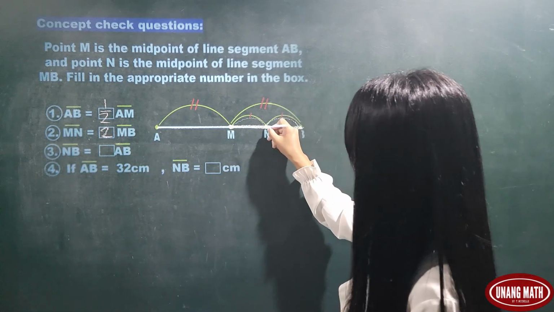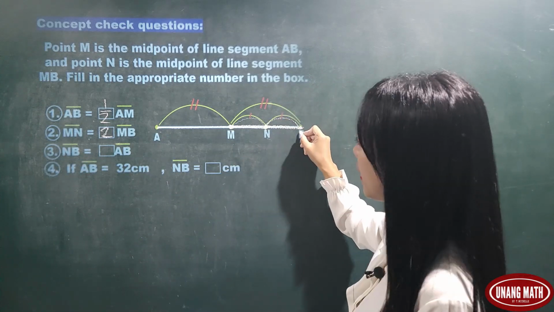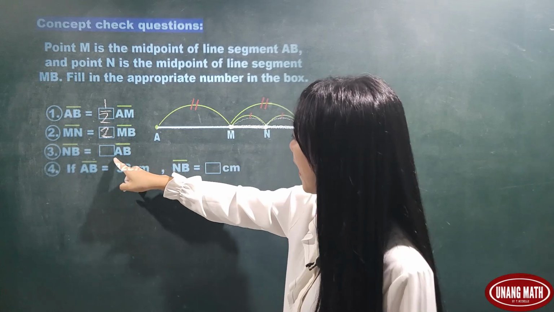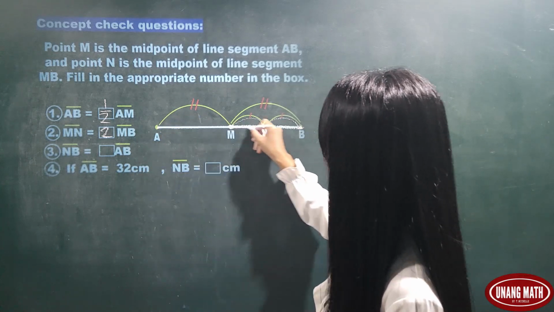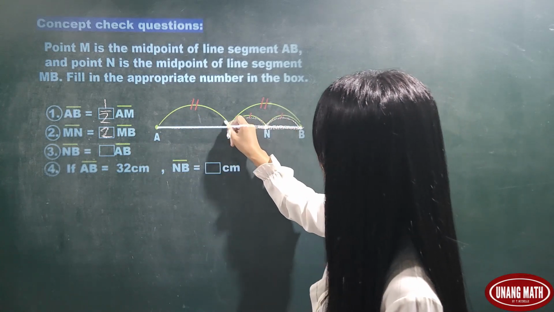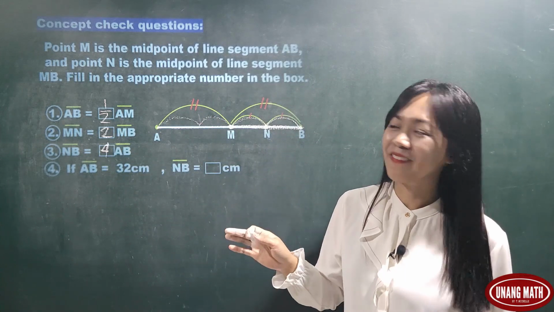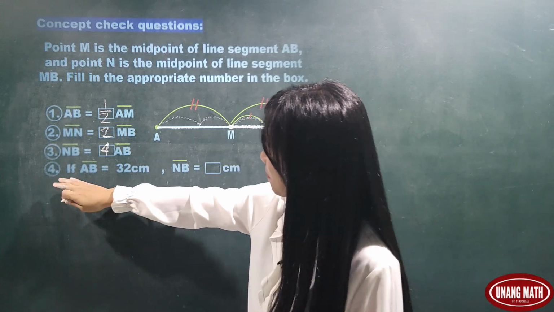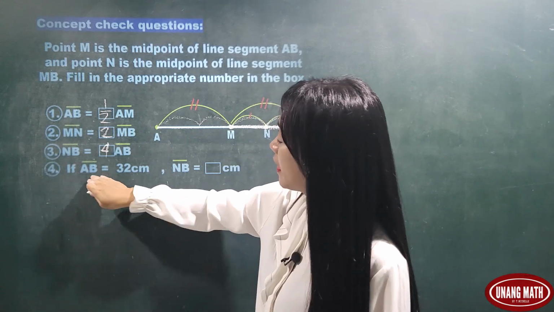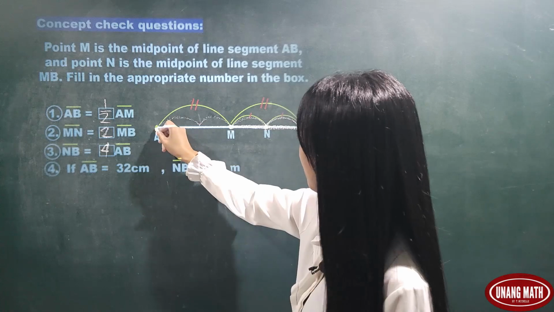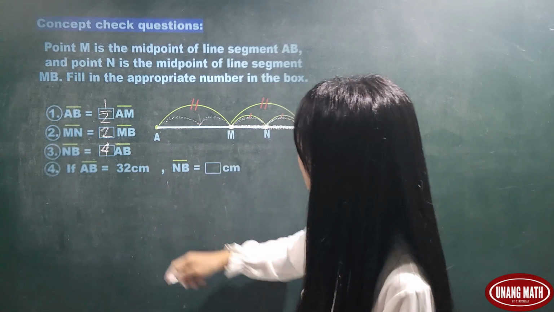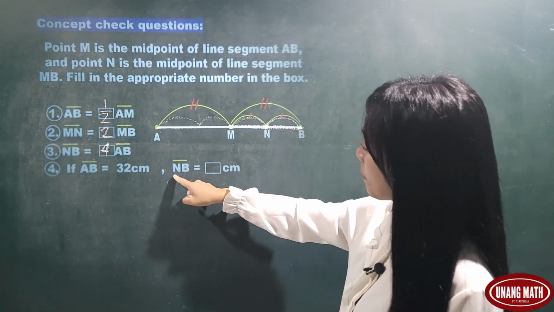Okay, what about number 3? Segment NB is equal to blank AB. So 1, 2, 3, 4. So 4 AB. And the last number, if line segment AB is 32 centimeters, what about NB?